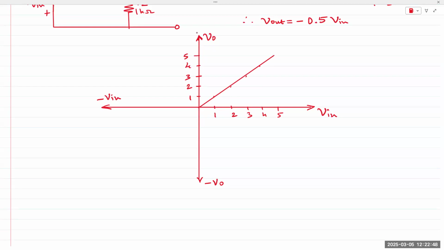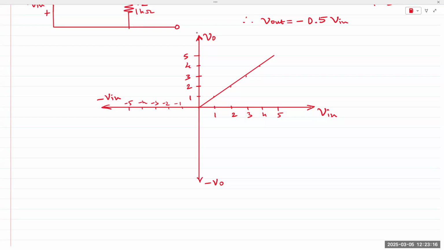Make sense? Right. In the negative half cycle, let's say V in is -1, -2, -3, -4, -5. Again, the minus just indicates a negative half cycle. That's all.